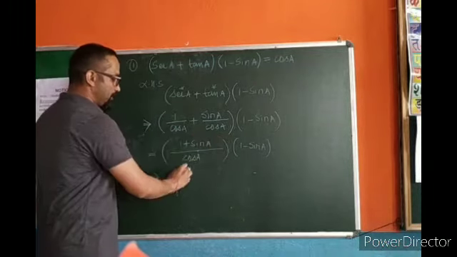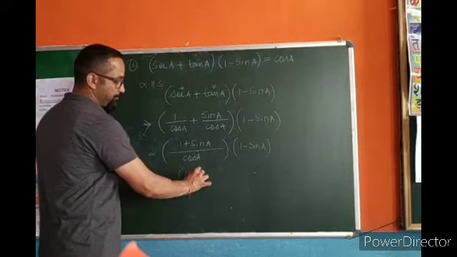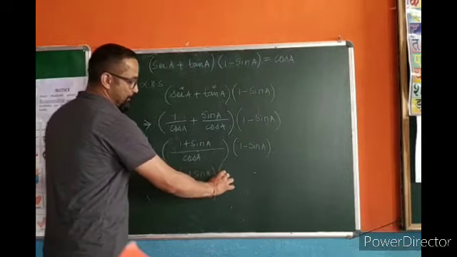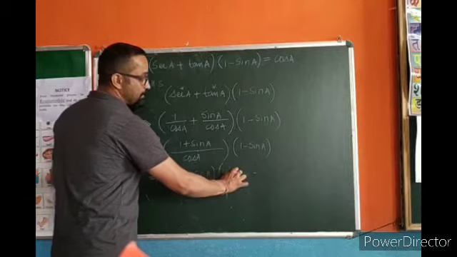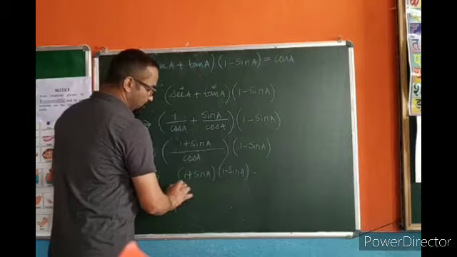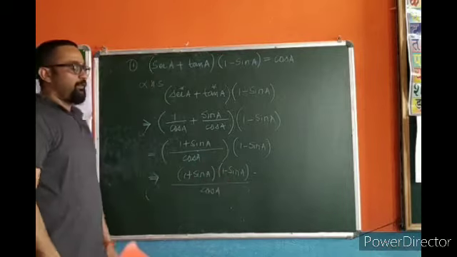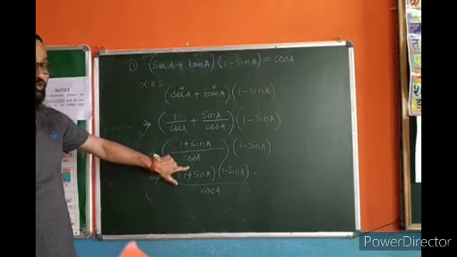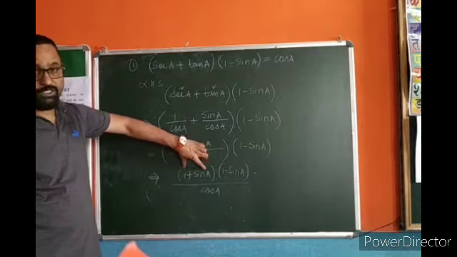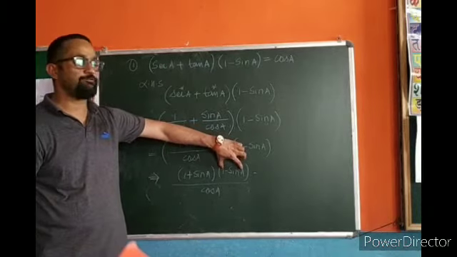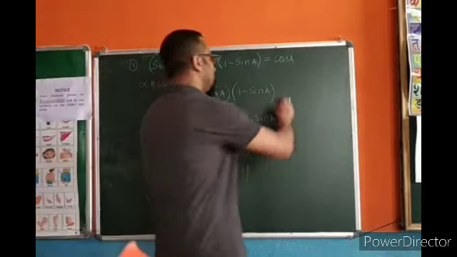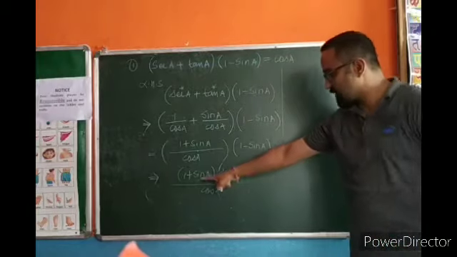In the numerator you multiply (1 + sin A)(1 − sin A), keep it inside a bracket, and the whole thing divides by cos A. In the numerator, one is a positive term, another one is a negative term, and it is an application of an algebraic formula.